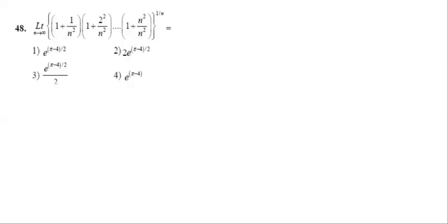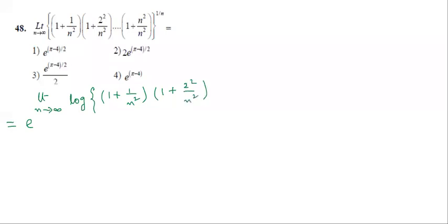Question number 48. This is also the previous model only. We can write e power limit n tends to infinity logarithm of 1 plus 1 by n square into 1 plus 2 square by n square into and so on, 1 plus n square by n square, whole power 1 by n.